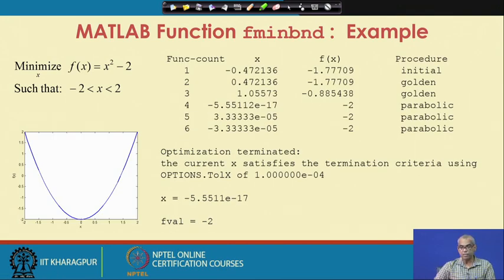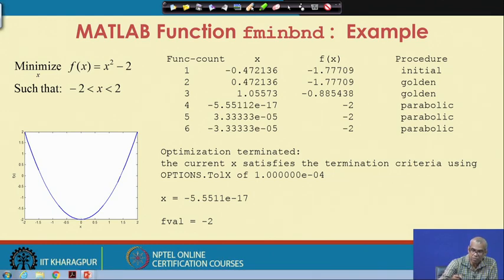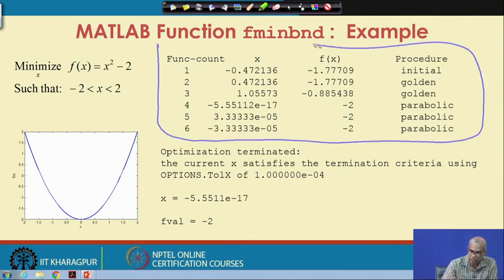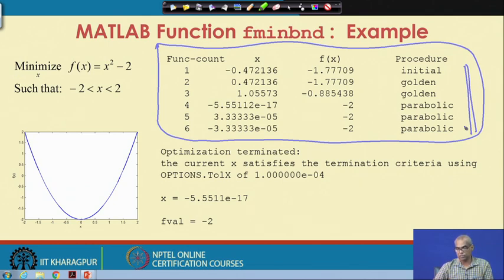So, this is what you get as solution. Since we have opted to display the output at each iteration, MATLAB sends you the output at each iteration. And these are the algorithms that have been used at various iterations.